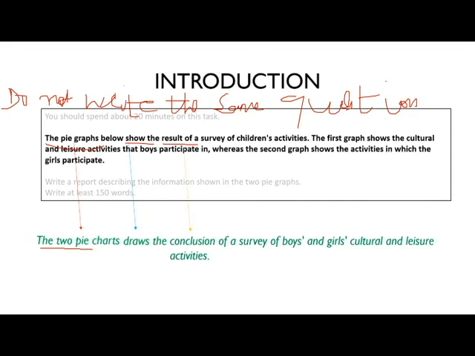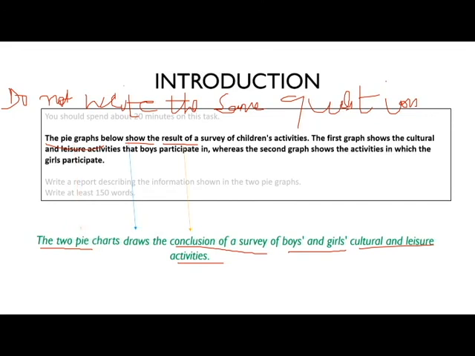Instead of children's, I've used some information from the pie chart. I've used boys and girls. Instead of writing activities, I've again picked information from the pie charts and written cultural and leisure activities, so I've added a word here. So you can see that it's easy to paraphrase a question once you work out what's happening.